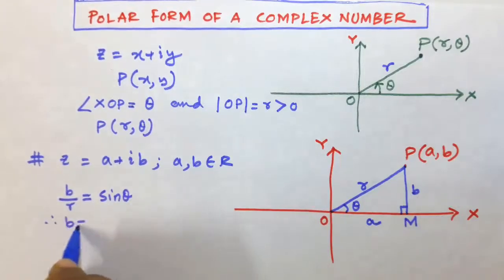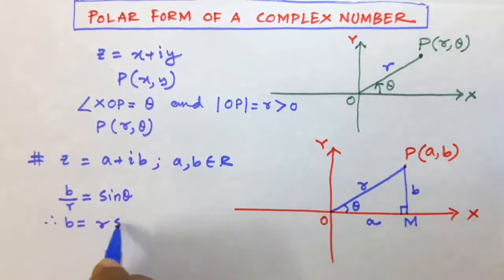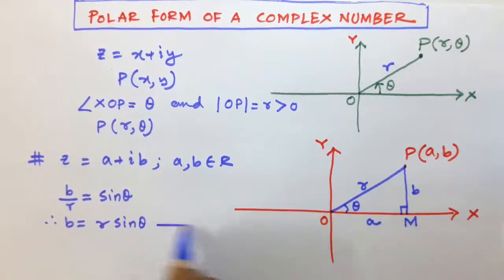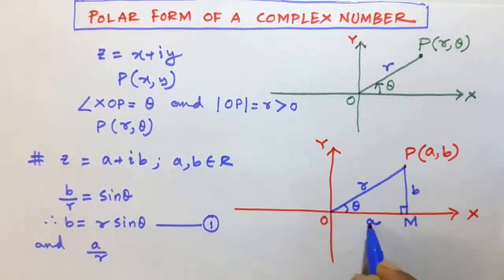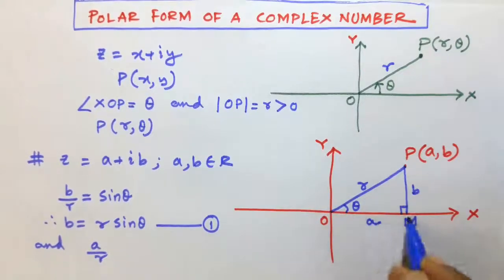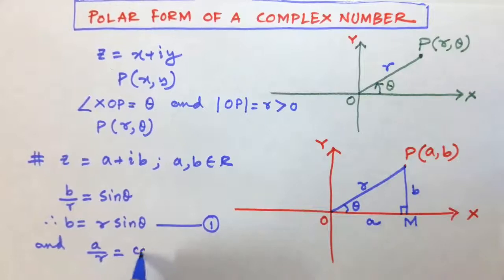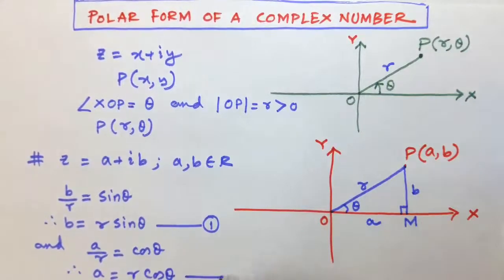Therefore, b is equal to r sin theta, number 1, and a divided by r, base divided by hypotenuse, is equal to cos theta. Therefore, a is equal to r cos theta. This is number 2.